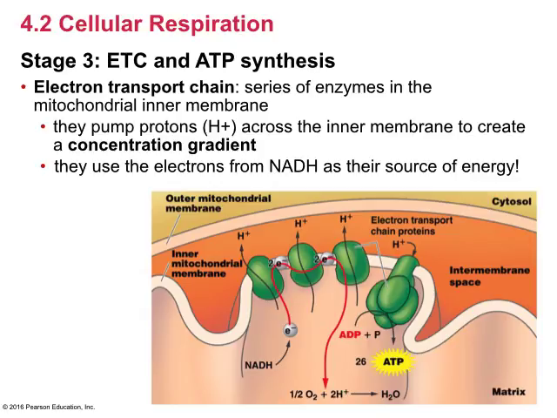So in order to keep those enzymes clear, so that they can accept more electrons, you have to dump out those electrons somewhere, and that's where oxygen comes in. Oxygen is the final electron acceptor of this pathway. Without oxygen, you wouldn't be able to keep that flow going.